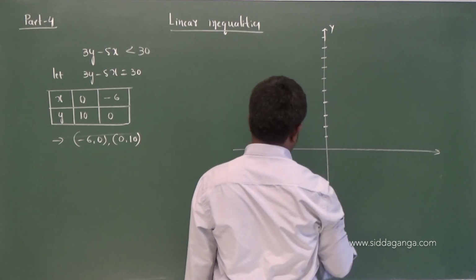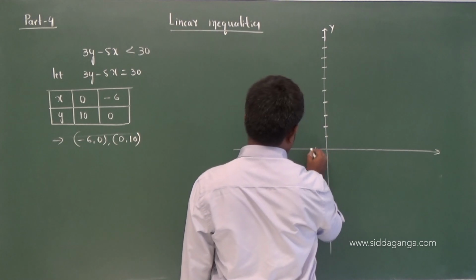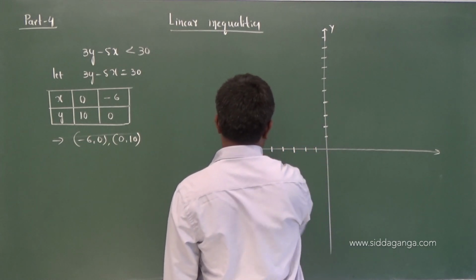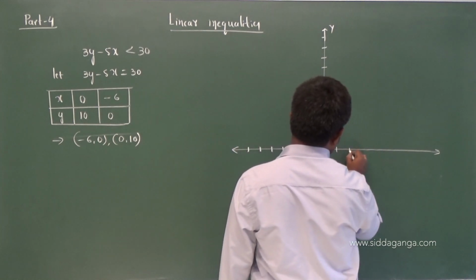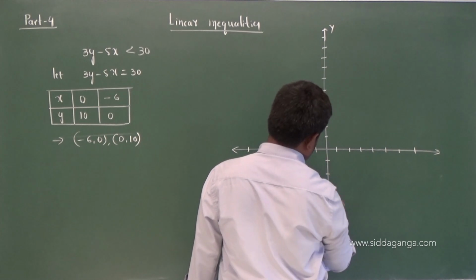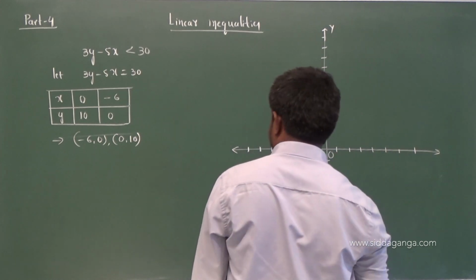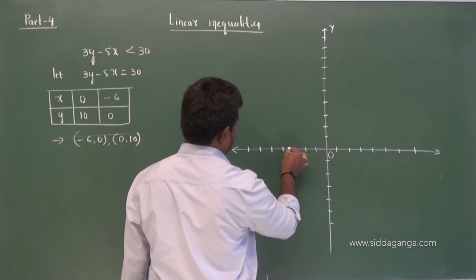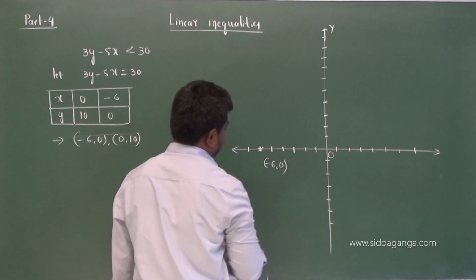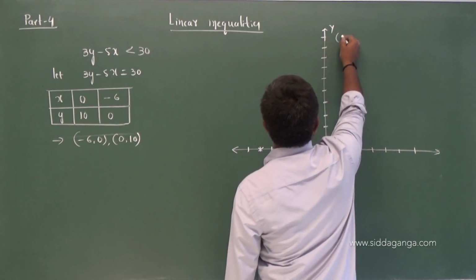And minus 6 comma 0: 1, 2, 3, 4, 5, 6. So, the first point minus 6 comma 0, you get here on the negative x axis, and 0 comma 10, this is your 0 comma 10.